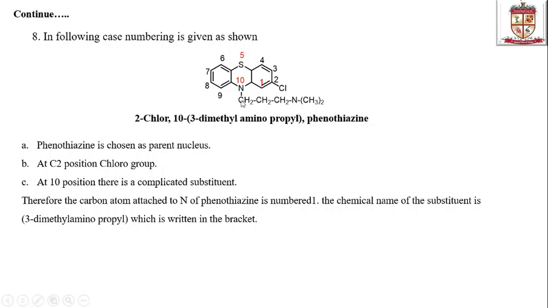Here we give the numbering as 1, 2, 3, and the lowest possible number is given to that carbon which is directly attached to the heteroatom, as shown here.